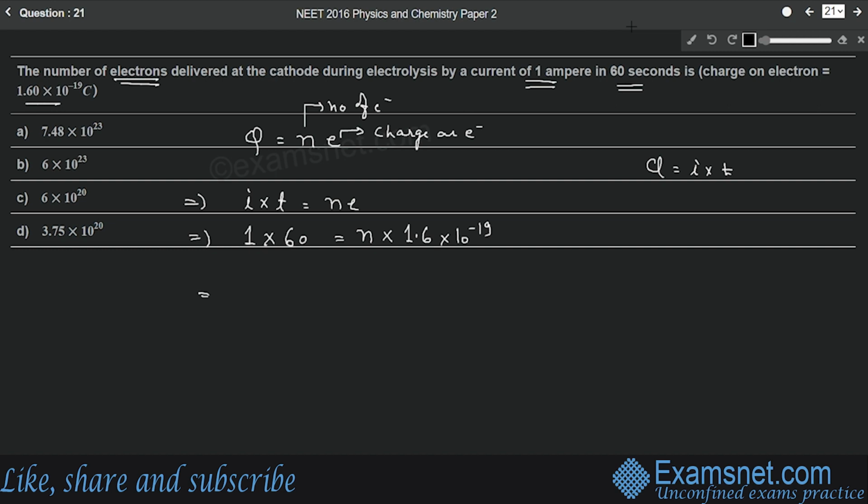So from here we can find out the number of electrons N, that will be equal to 1 into 60 upon 1.6 into 10 to the power minus 19. Okay, and on solving this you'll get 3.75 into 10 to the power 20. This will be the number of electrons required. That means option B will be the correct answer.